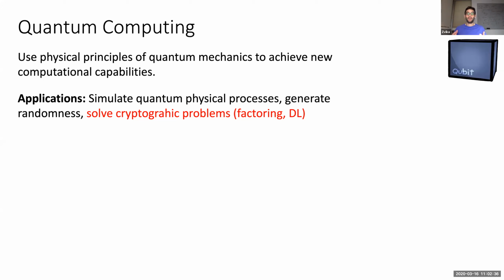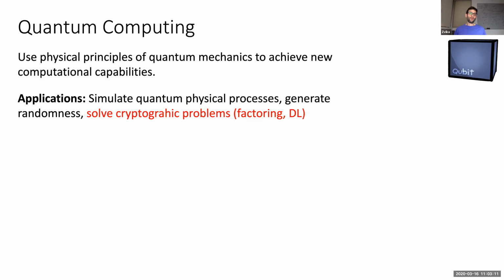We have some quantum physical system, and we want to know how it behaves, maybe under different temperatures or pressures. One way is to just run the experiment, but maybe we don't want to make the setup every time, and we want to simulate it on the computer. Since it's a quantum physical system, we actually need quantum computational capabilities for this purpose. This is useful for scientific purposes, but also for industrial purposes like designing new drugs and materials, and probably some uses that I don't even know about.